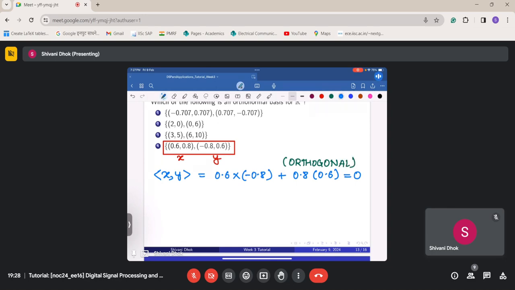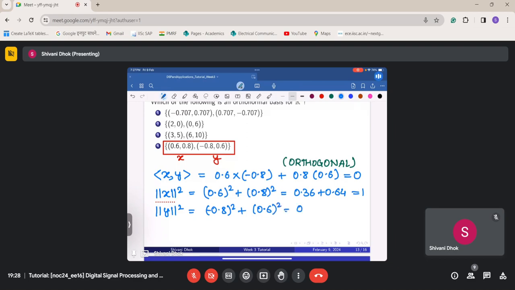Now let us look at this quantity. So this will be 0.6 square plus 0.8 square. So this is 0.36 plus 0.64, which is equal to 1. Then we have this quantity, which will be minus 0.8 square plus 0.6 square, which is 0.64 plus 0.36, which is again 1.